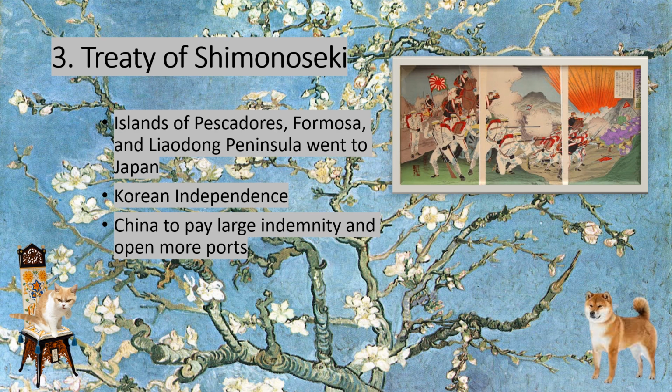Immediately after the treaty was announced, Russia, Germany, and France declared that the treaty had to be altered to accommodate their desires. Although Japan clearly dominated China during the war, it was in no way prepared to deal with 3 of the world's great military powers.